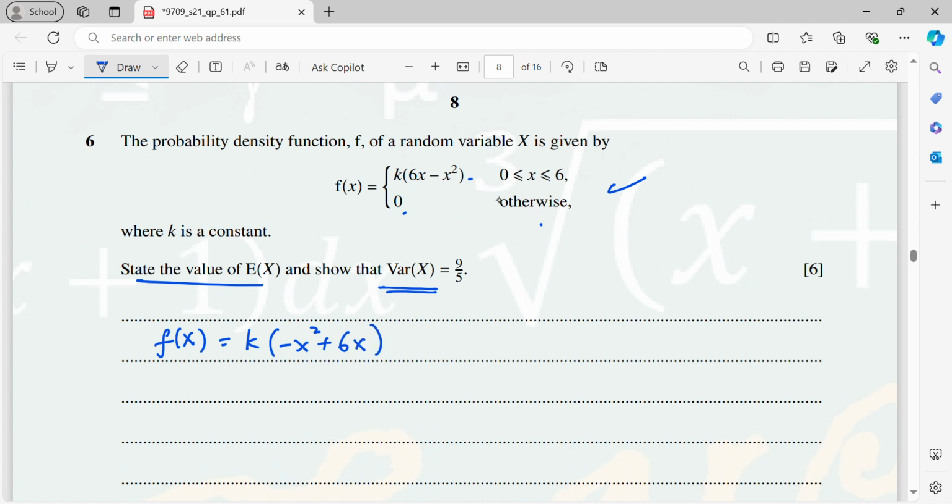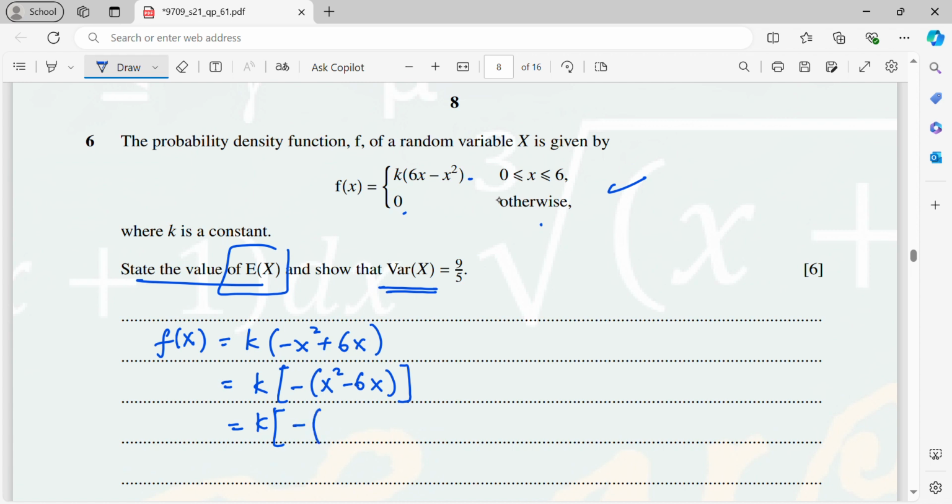Now from here I have to find the symmetrical line. That means I have to find the maximum point by using completing the square, because I need to state E(X). E(X) is the expected value of x, which is also the symmetrical line. So I need to factorize a negative from the two terms, and then complete the square.